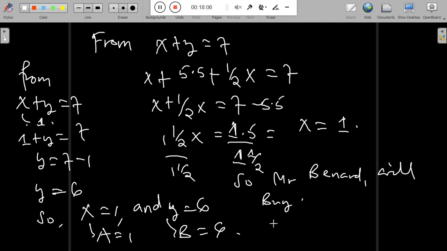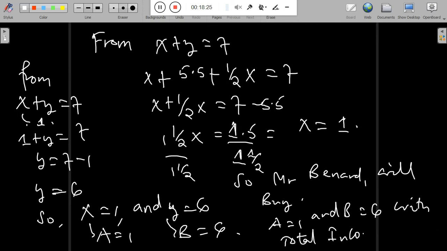So Mr. Bernard will buy exactly 1 unit of good A and 6 units of B, so as to maximize the total utility, given an income of 7 Tanzania shillings, as you can observe.